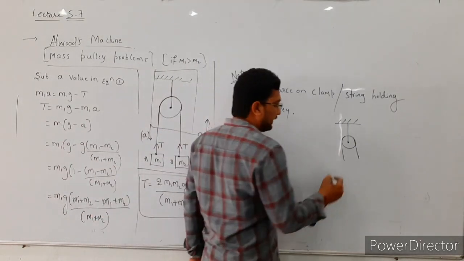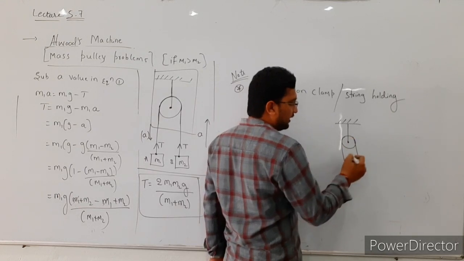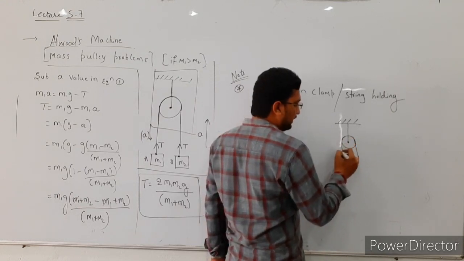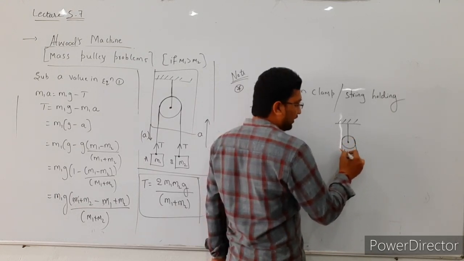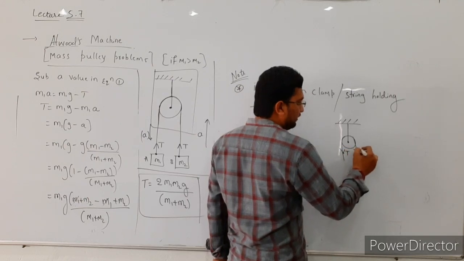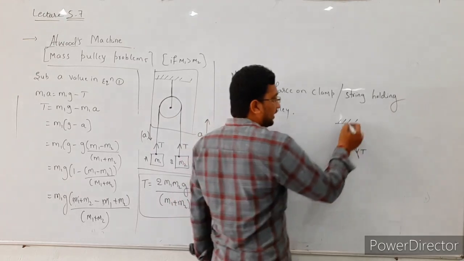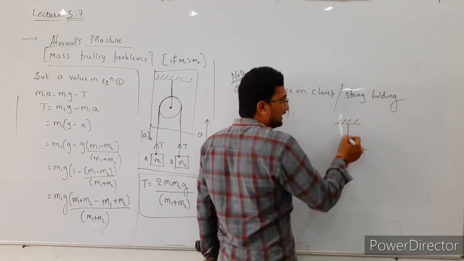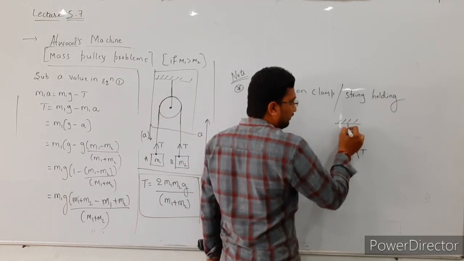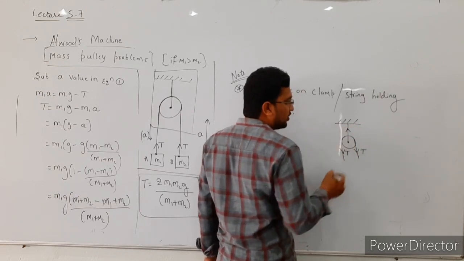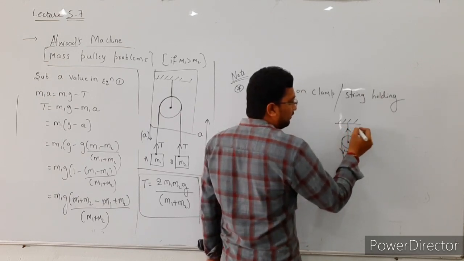See here, in this case, the direction of the tension inside the string is away from the point of contact, and here it is also the same, away from the point of contact. And the tension inside this clamp or the string, this is a point of contact, which means this is the direction of the tension inside that clamp or the string.